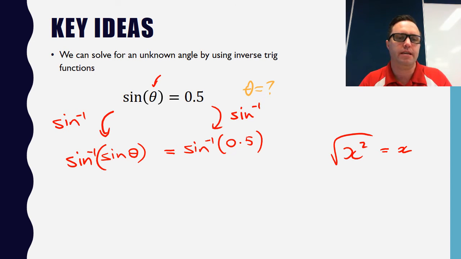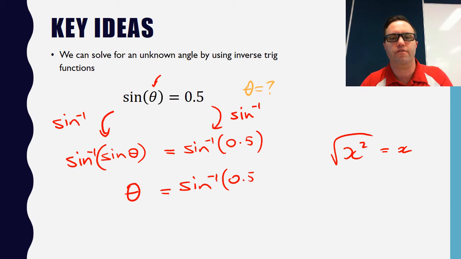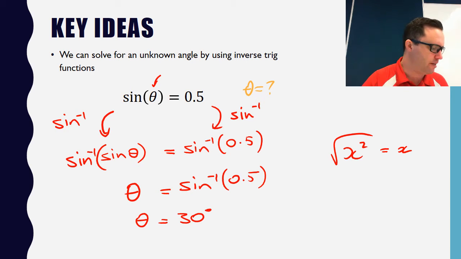So what's happening here is that taking the inverse sine of the sine function gets rid of it, and all you're left with on this side is theta. So theta is equal to the inverse sine of 0.5, which is equal to 30 degrees. Just double check that, I'm pretty sure I'm right.